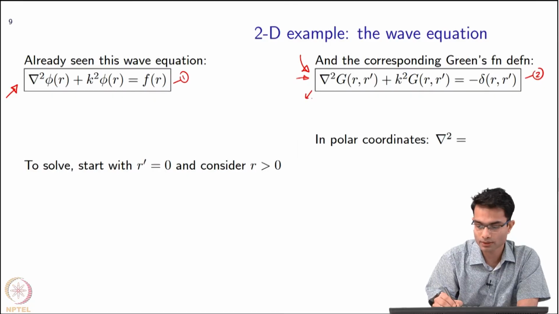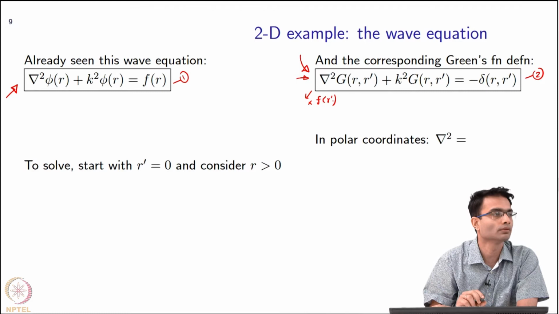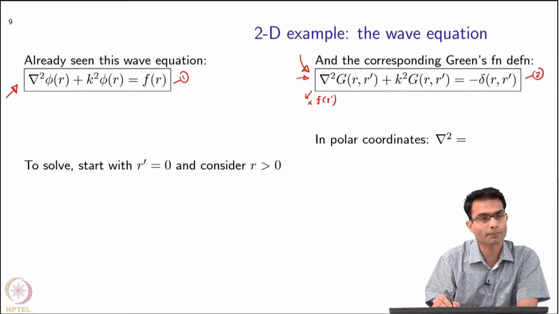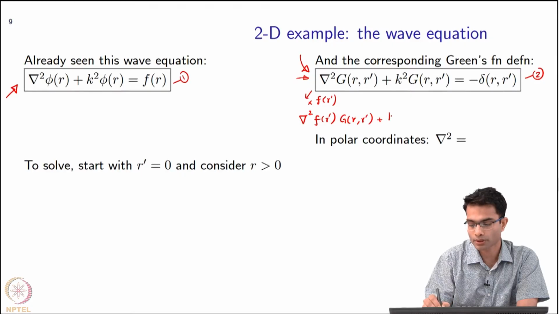So, I take this multiplied by f of r prime and then integrate both sides with respect to primed coordinates. f of r prime goes in because the operator only acts on the unprimed coordinates.